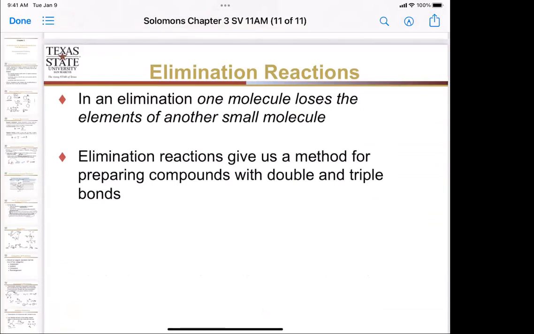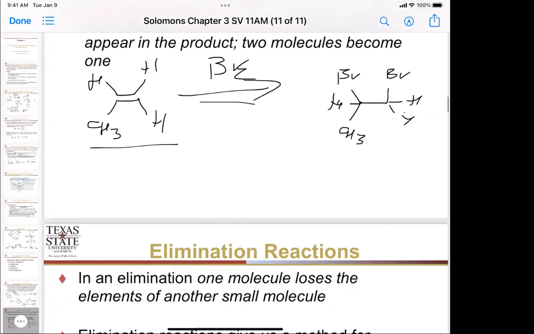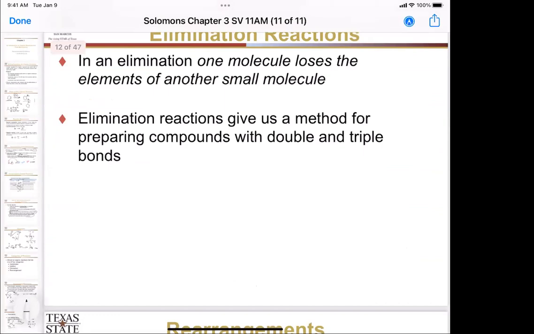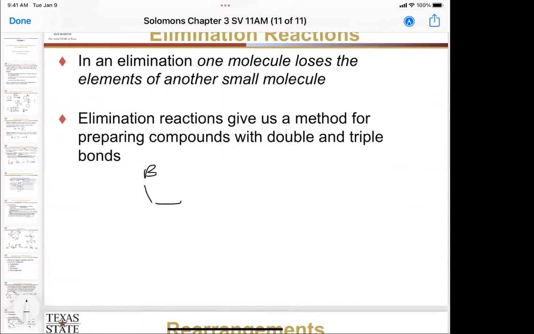So let's do something like, let's see, not there. Elimination reactions. So we're going to start with, oh, not a double bond. We're going to start with a bromine and a hydrogen already on our compound right here.